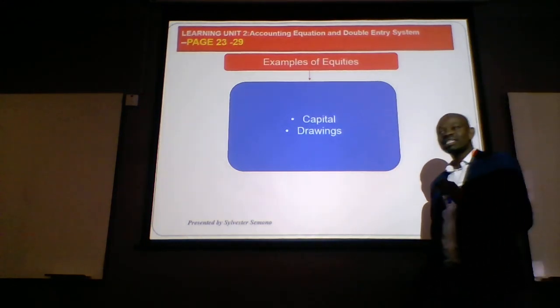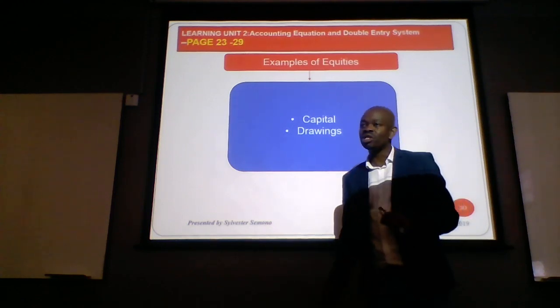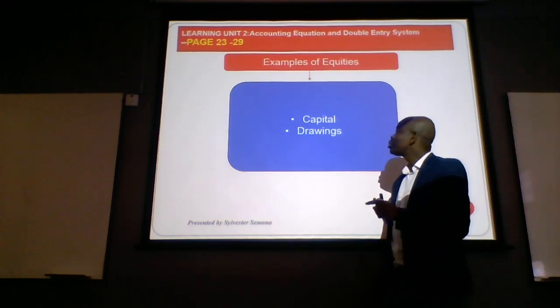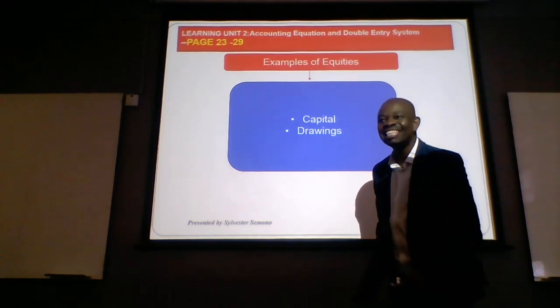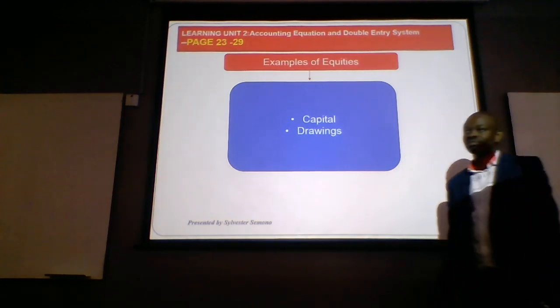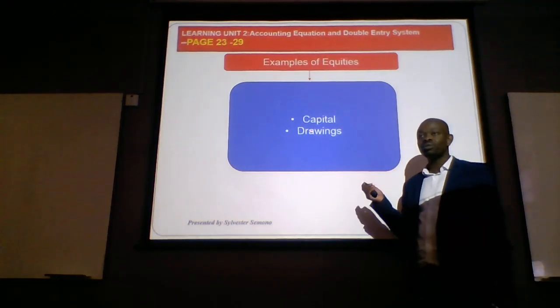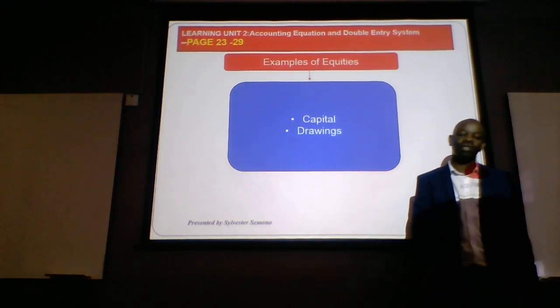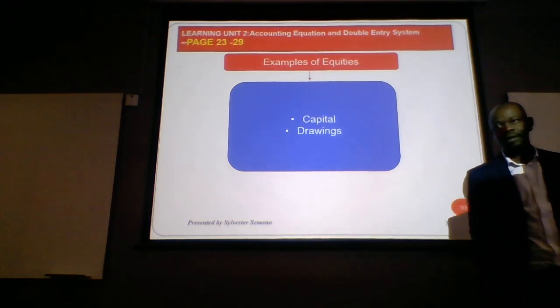You will see by the time we start recording the accounting equation that drawings will normally have a negative impact on owner's equity. It's still the owner's equity, but it's a negative. Capital is a positive owner's equity. Okay.